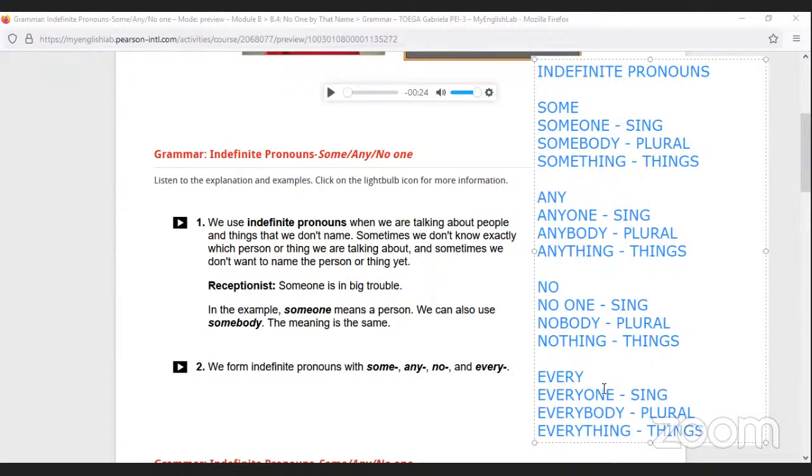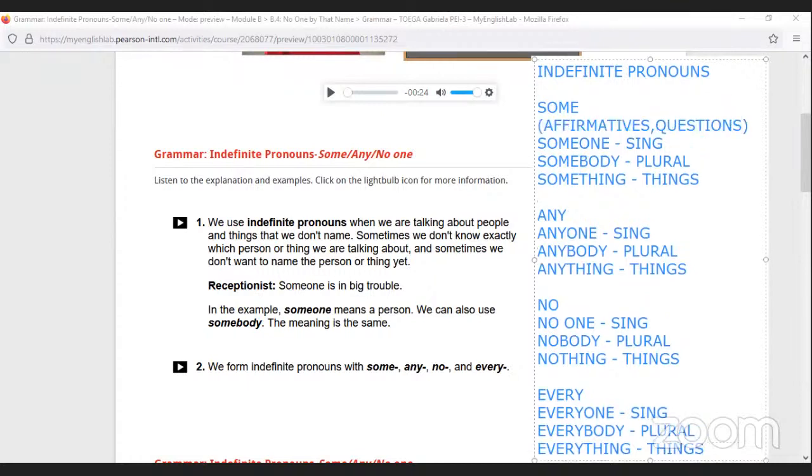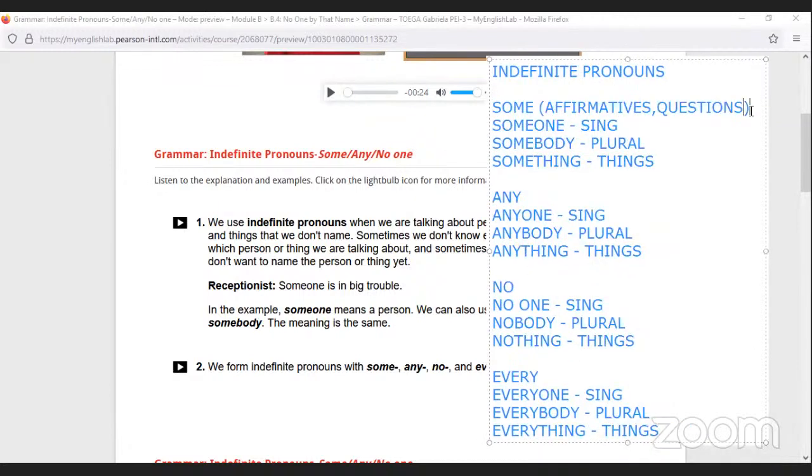Todo, okay. So what are the differences between these four? Some, we will use always only with affirmatives and questions, okay? Only for affirmative sentences and questions. What about any?